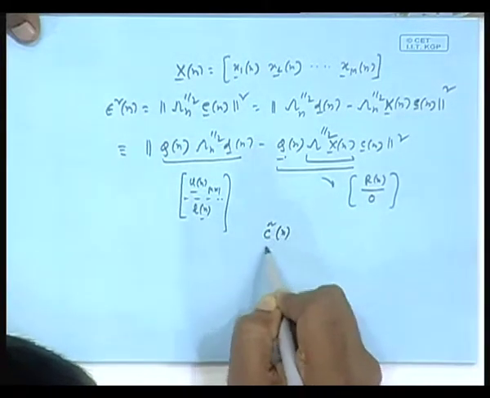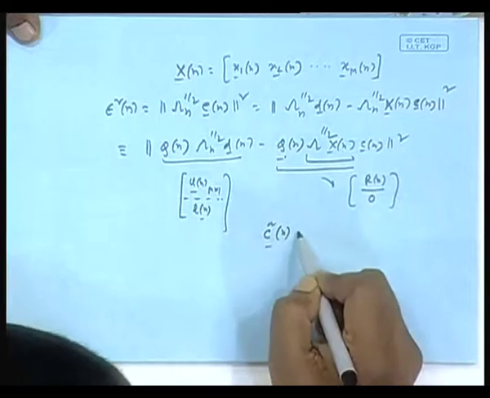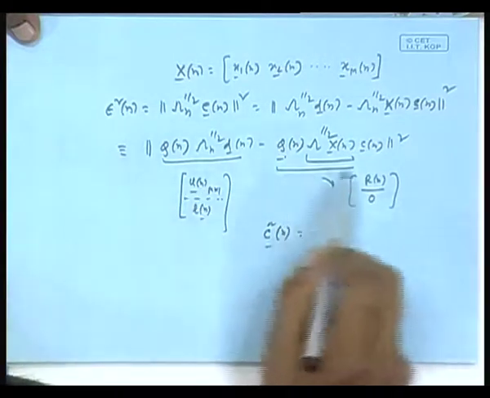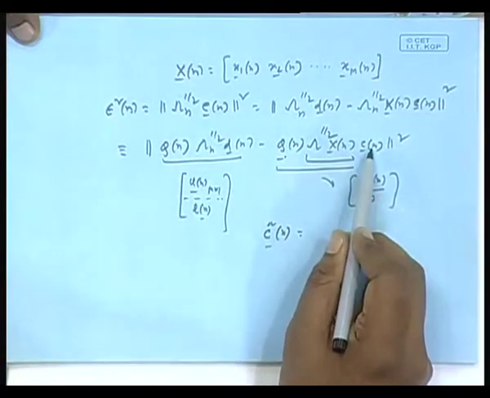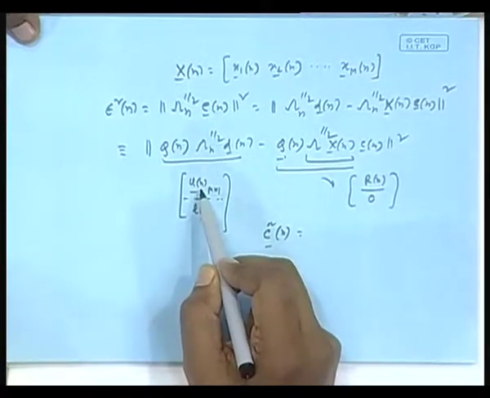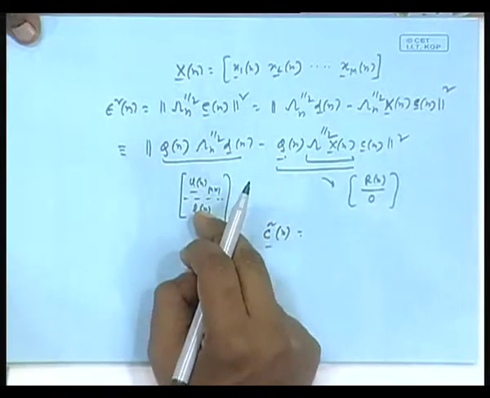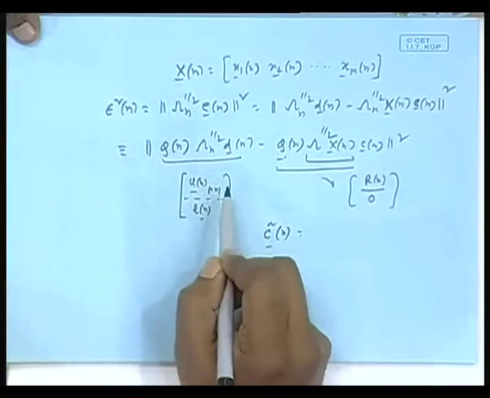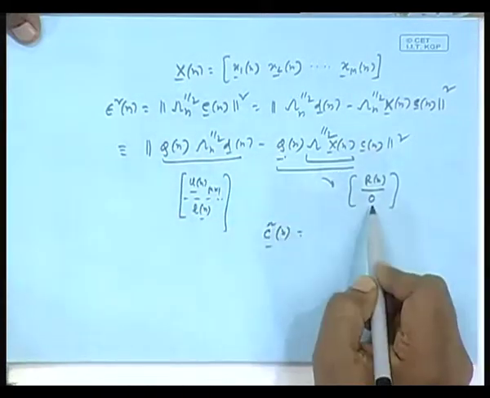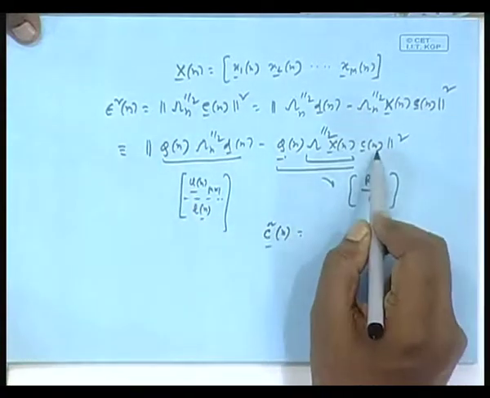Therefore, this led to what? The optimal filter C cap n. If we minimize, we simply take the upper half and solve the equation R n C n equal to this, because the total norm square will be the norm square of l n plus the upper part, isn't it? l n minus 0 from here, that is l n, and this u n minus R n C n.